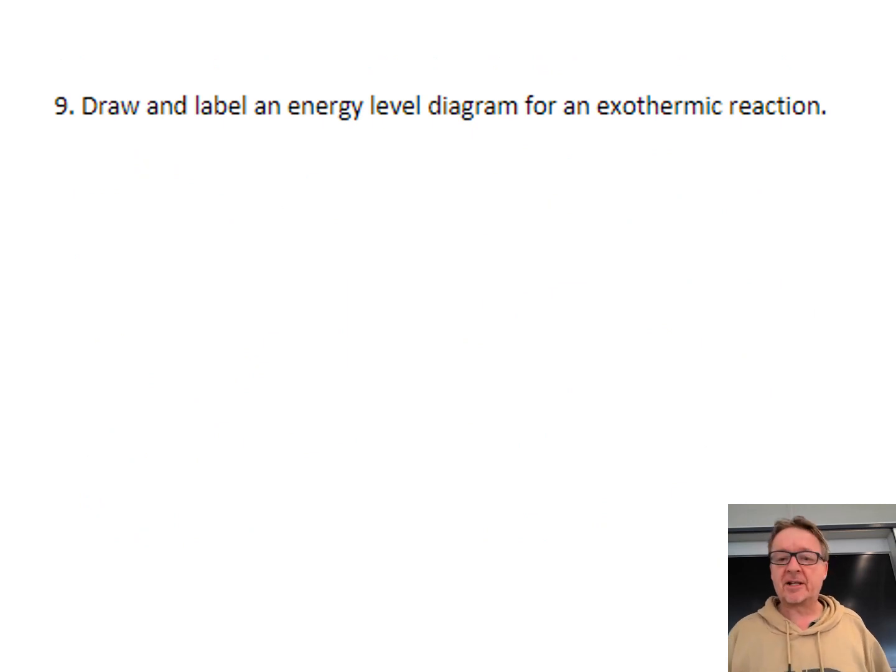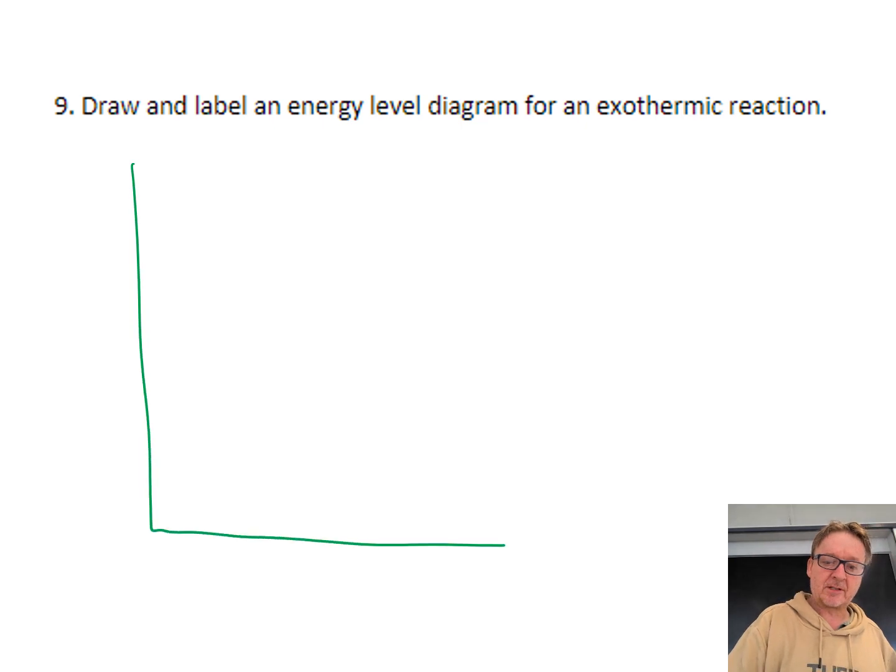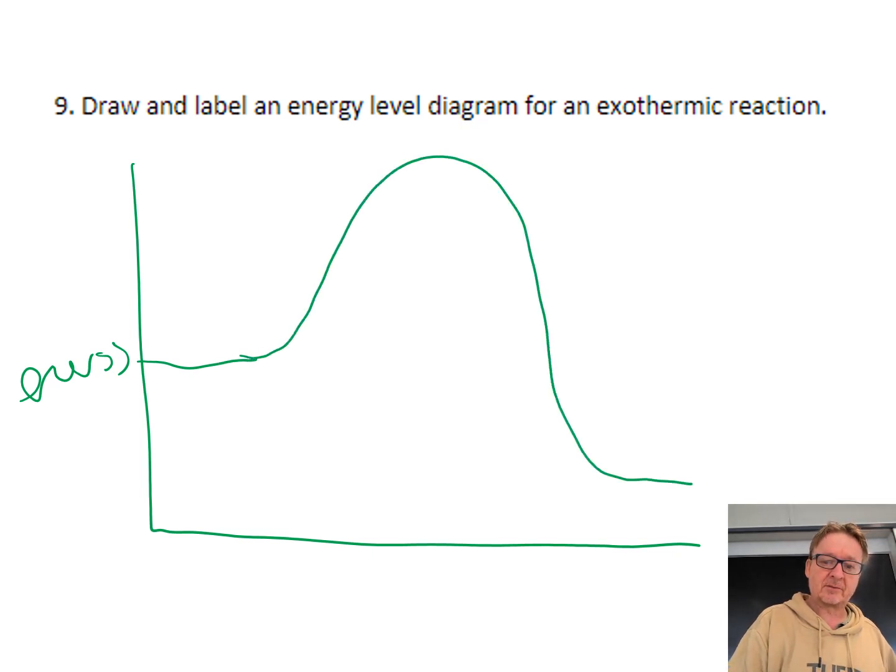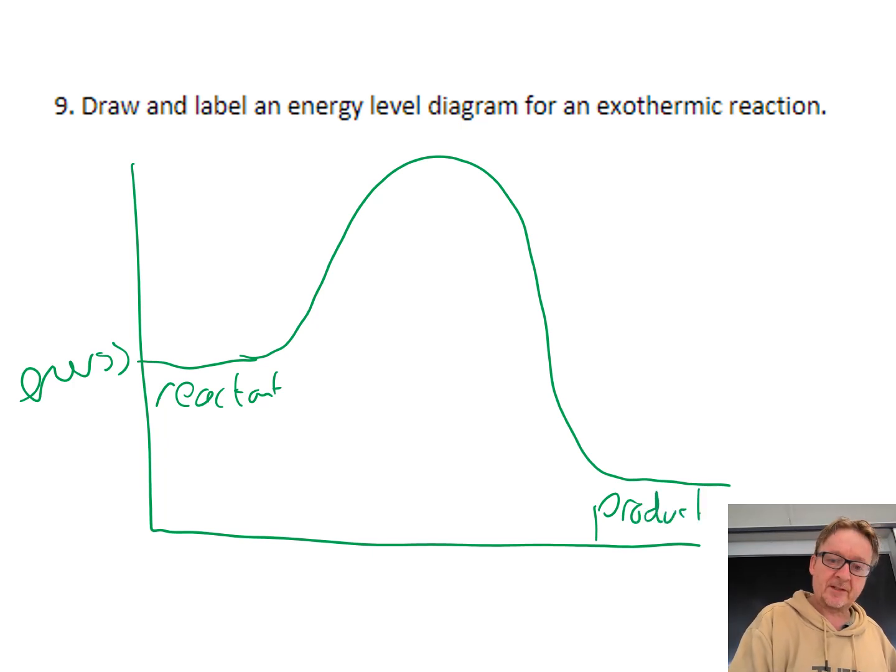Draw and label an energy level diagram for an exothermic reaction. You obviously use a ruler. Draw the energy axis, a line up and down like that. That is the reactant, that is the product, and that line there is the activation energy.